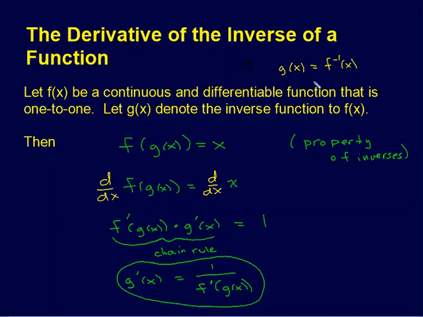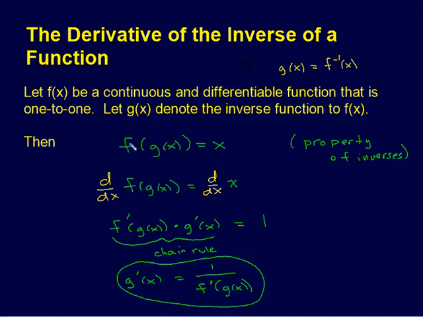We start by writing the property that if I form a composition of a function and its inverse function, we always get back to the original x. We saw that in the last slide, where g of 1 was 4, but then f of 4 was back to 1. If that works every time, that really means the functions are inverses.